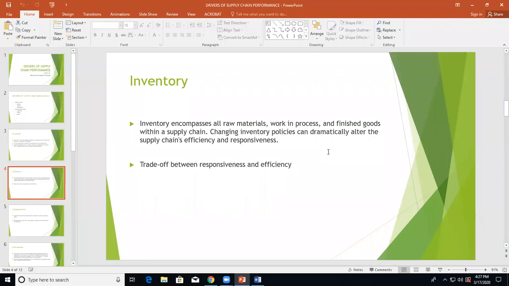Whenever you try to give the customer a short delivery or ordering time, you need a good amount of inventory, good product availability, and a good number of variations in the product, like SKUs. For giving a good response, you compromise on efficiency.